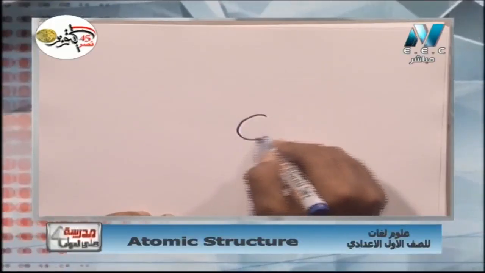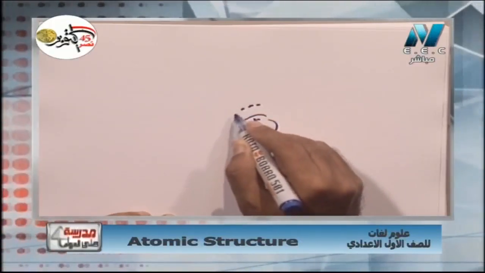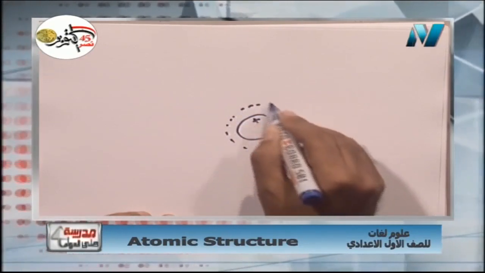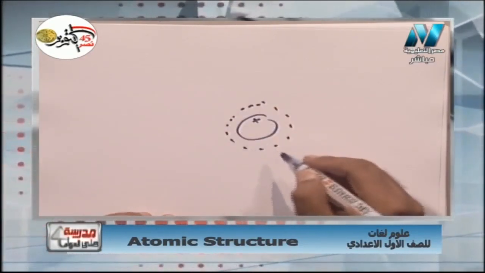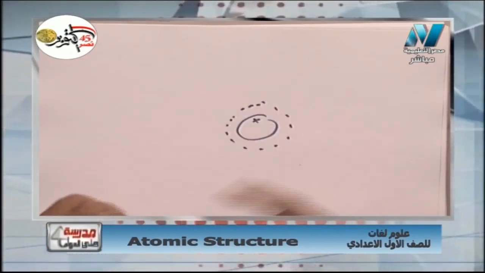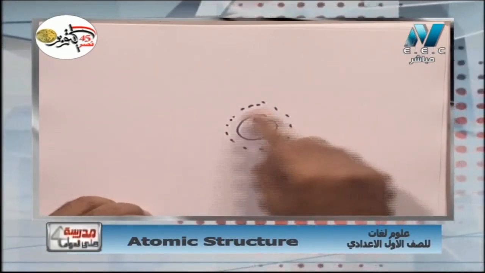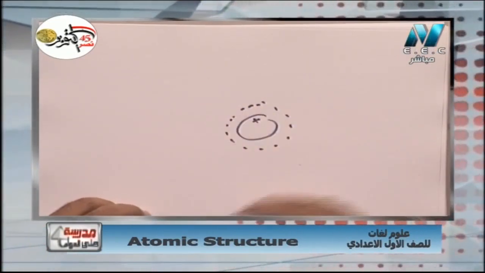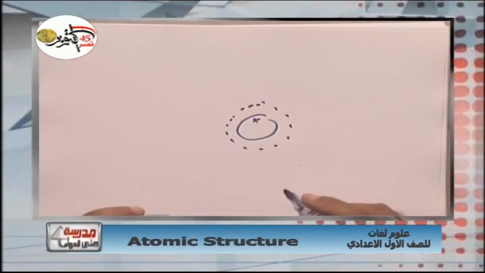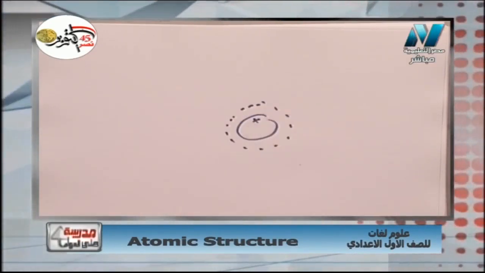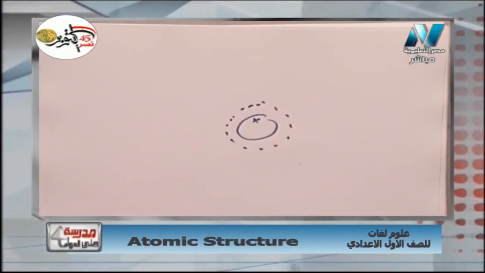But these energy levels are imaginary places because they represent the path of electrons around the nucleus. The electron moves with high speed, so you imagine that there are just some circles, imaginary places.